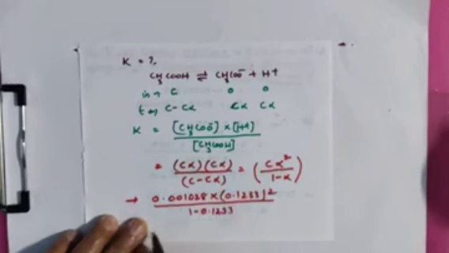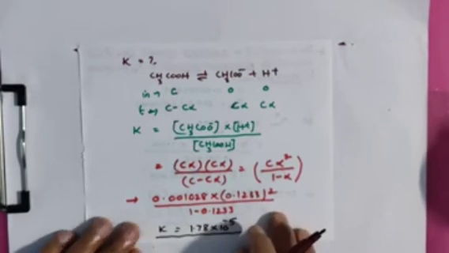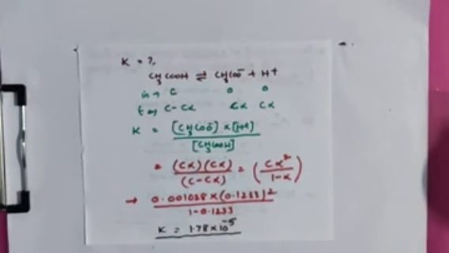If you simplify this, K you are getting 1.78 into 10 raised to minus 5. And this is how to calculate dissociation constant.